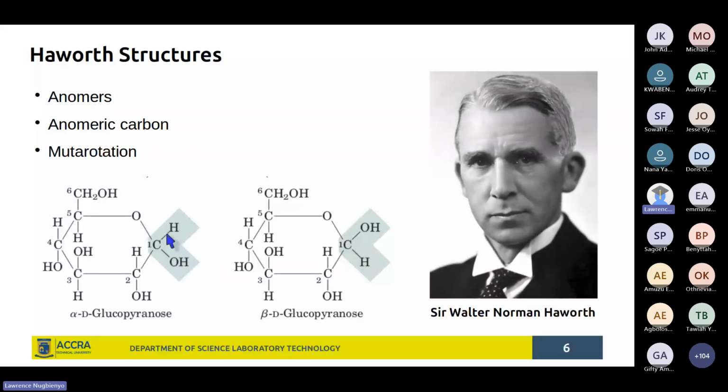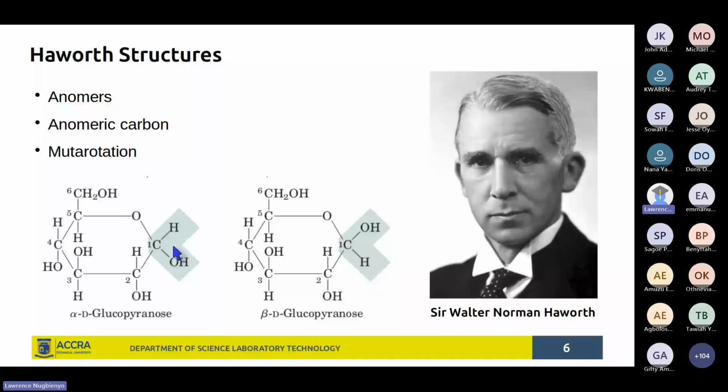there is what we refer to as a mutual rotation of the groups, that is the hydroxyl group and the hydrogen group, which is on that first carbon that we refer to as the anomeric carbon. The term comes from the words mutation and rotation put together, giving us the phenomenon of mutual rotation.